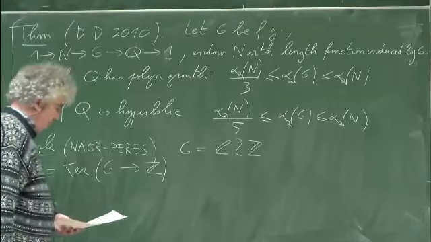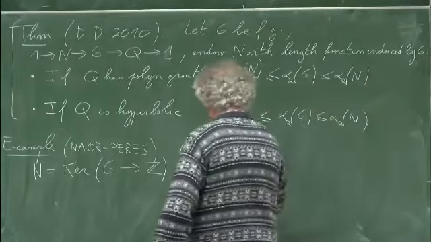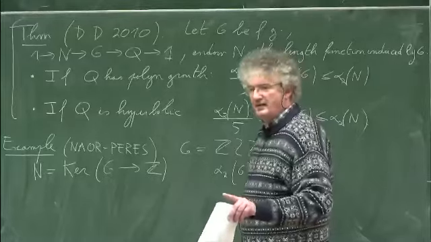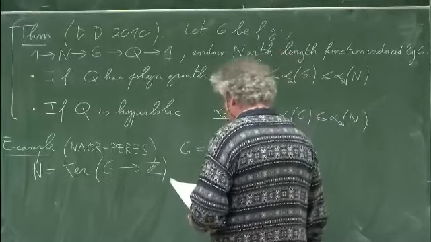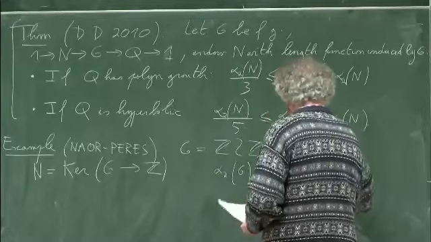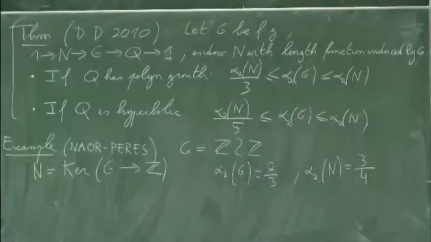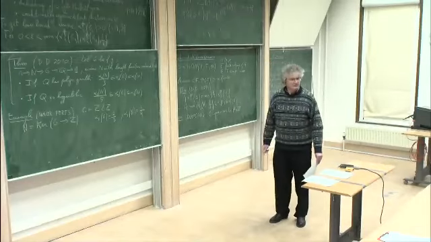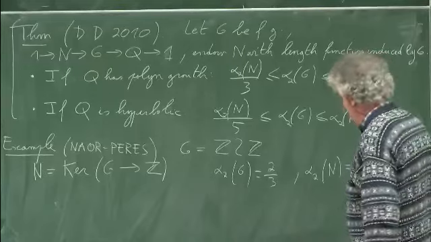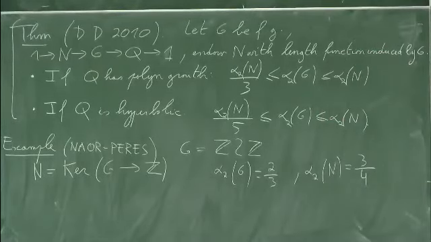And what they proved was that the Hilbert space compression, with some help by Tim Austin, I guess, here is 2/3, while the Hilbert space compression of the normal subgroup is 3/4. The upper bound, that it is at most 2/3.